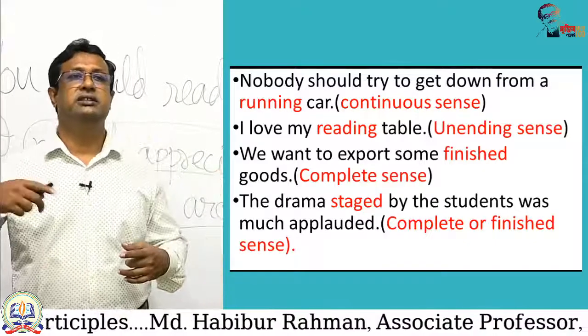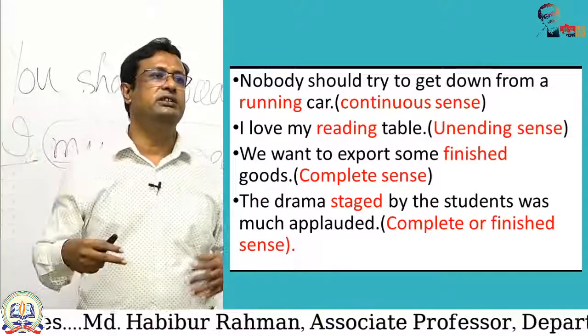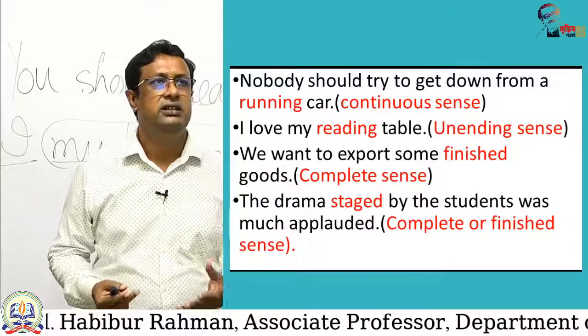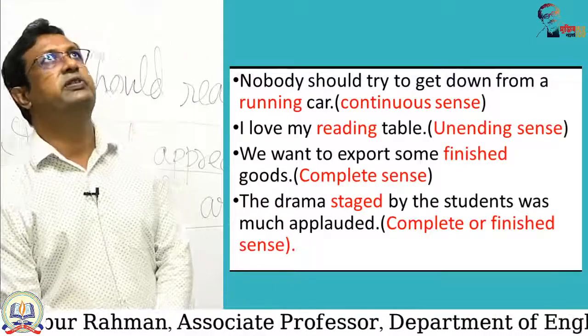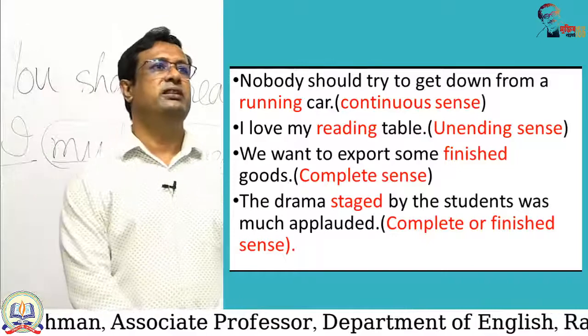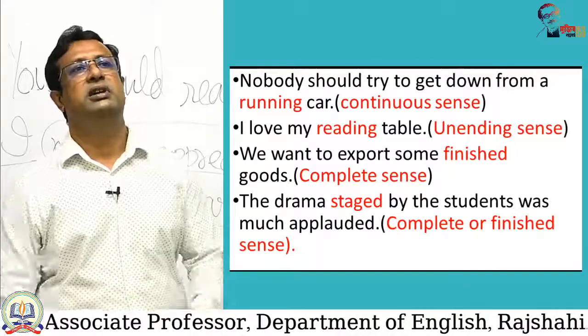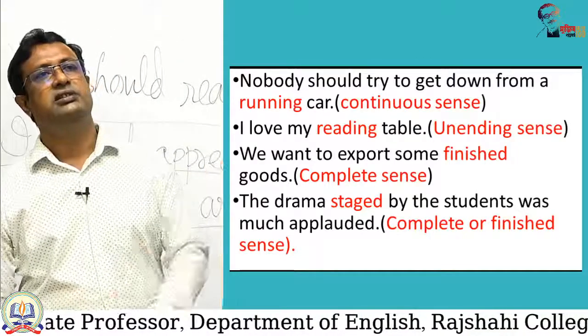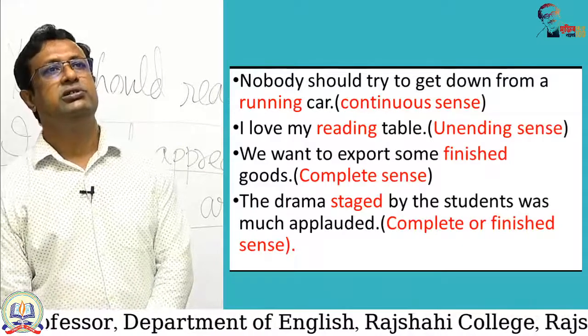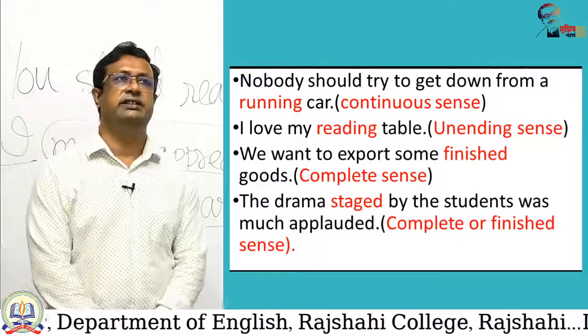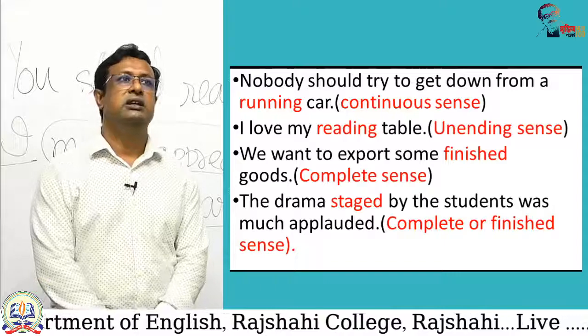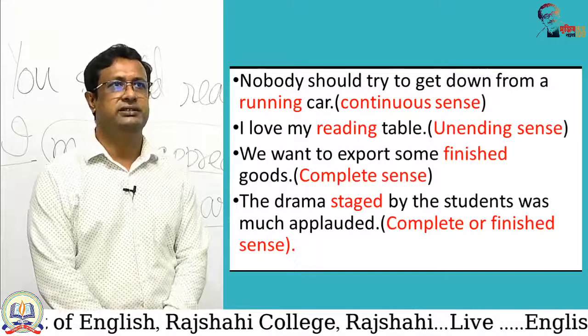The car is running, it is going on, it is moving forward. This type of sense comes. Moving fan, flying bird, which is flying. So, it has a continuing or continuous sense. Present participle gives us a continuous sense.